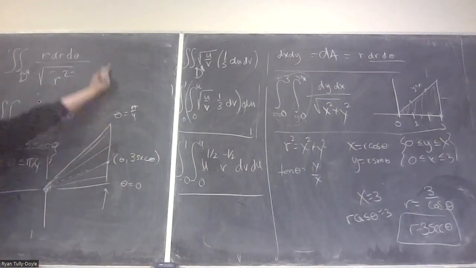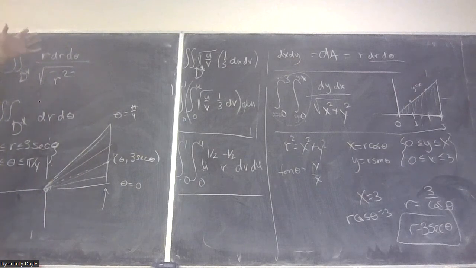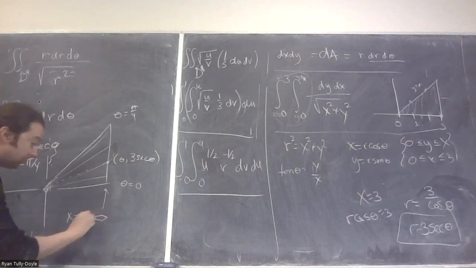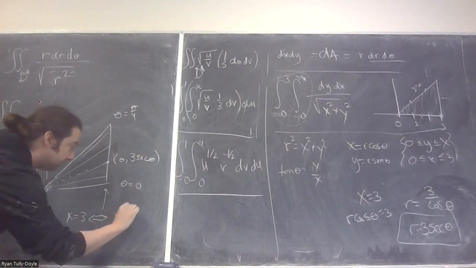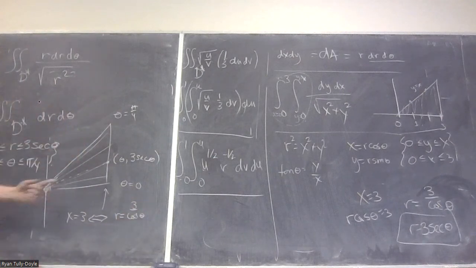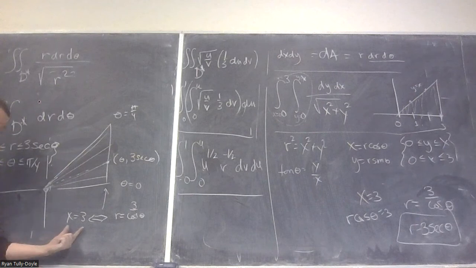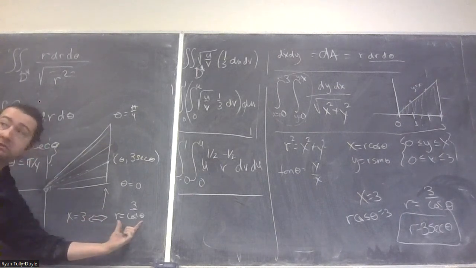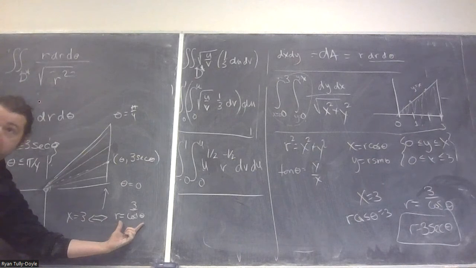Imagine as the line keeps going up, the radius gets longer and longer. What's the relationship? Well, this is the line x is equal to 3, which in polar coordinates turns into the line r is equal to 3 over cosine theta. That's where that bound came from. This tells me how to deal with it in x and y coordinates. This tells me how to deal with it in r and theta coordinates. The same line, depending on the coordinate system. All right?